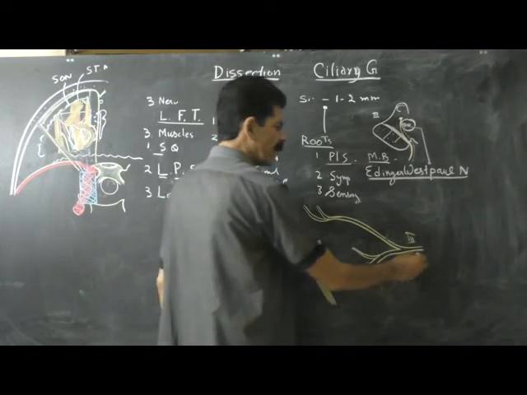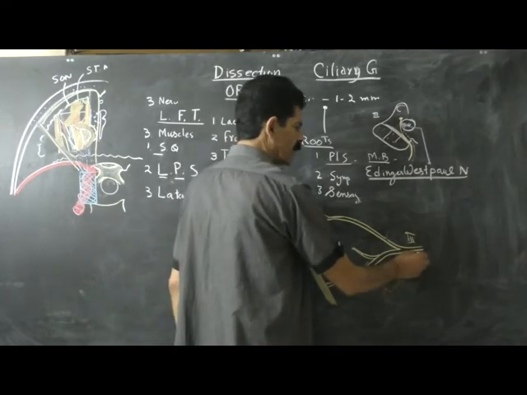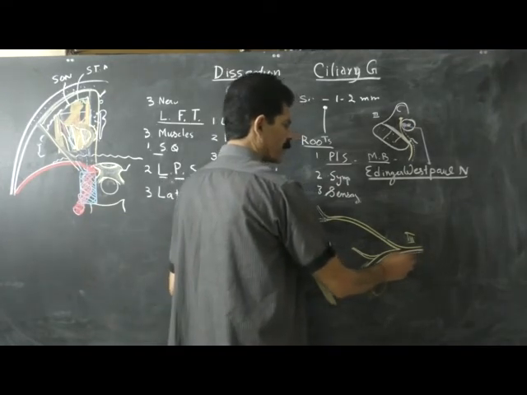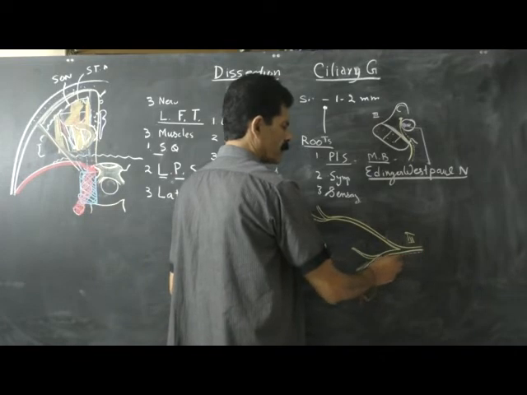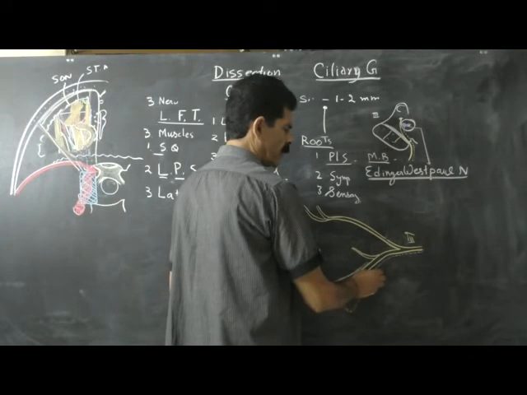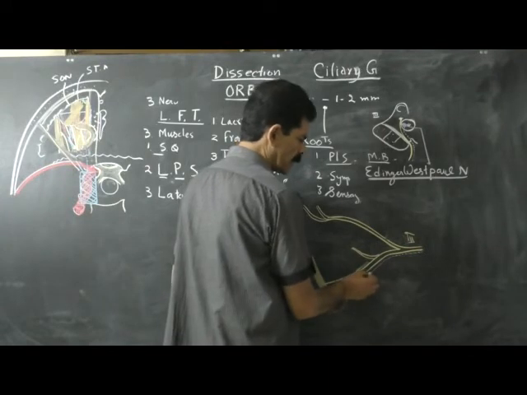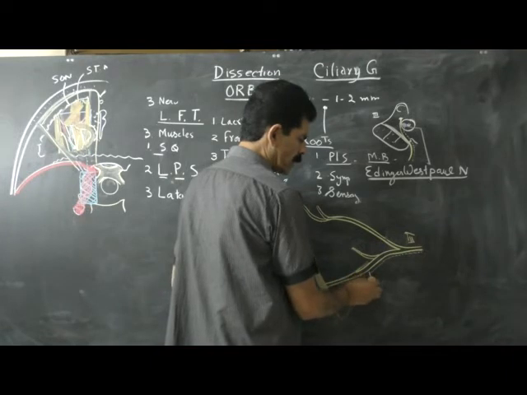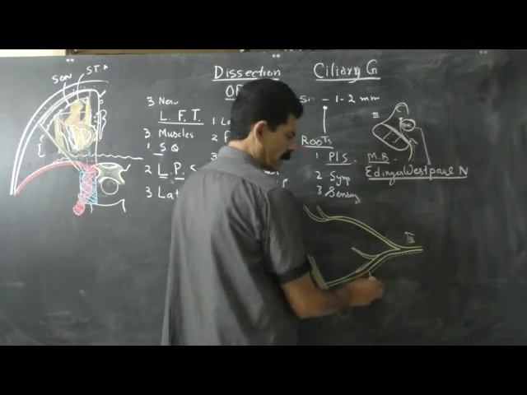So these preganglionic parasympathetic fibers reach the orbit through the oculomotor nerve, and these preganglionic fibers go into the ciliary ganglion and they relay here.